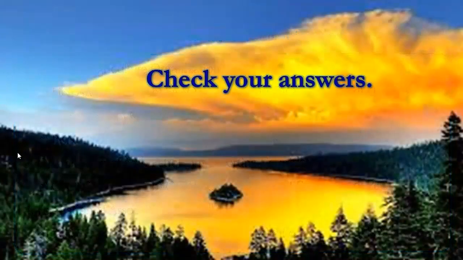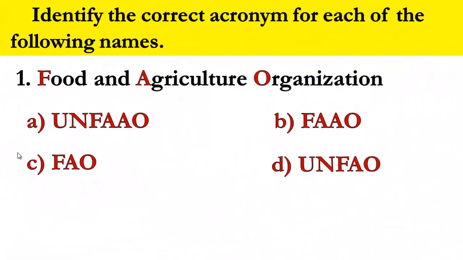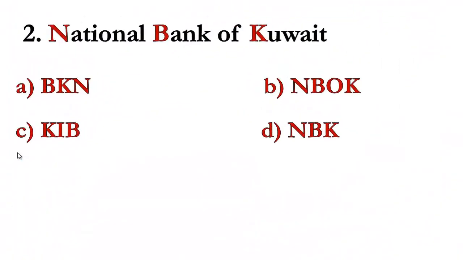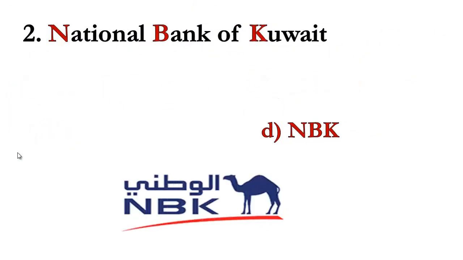Let's check our answers together. Number 1, Food and Agriculture Organization. So the correct answer should be number C. Please circle the correct answer. Number C, FAO. F stands for food, A for agriculture, and O for organization. Number 2, National Bank of Kuwait. It's an easy answer, NBK.